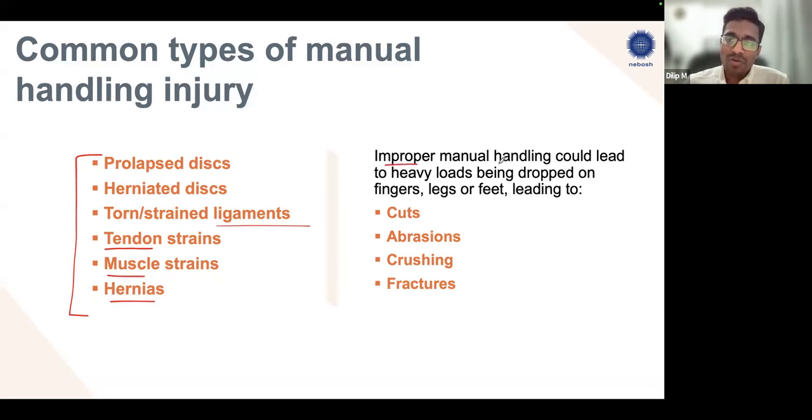And then improper manual handling could lead to heavy loads being dropped on the fingers, legs, or feet. So that could lead to cuts, abrasions. Okay, the surface layer of the skin will be torn, crushing, or fracture. So this can happen if you drop the load onto your fingers or onto your legs, or you fall with the load.